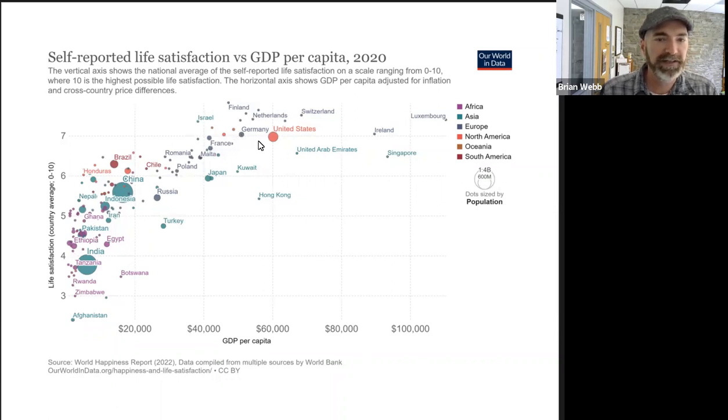But there's not much change once you go above $30,000, and certainly above about $40,000 or so, there's very little change. In fact, compare Singapore here, an extremely wealthy country, which is relatively equally as happy or satisfied with life as Romania is, or almost as much as Brazil, even though those have far lower income categories. Or Luxembourg, which is about twice as wealthy as the United States, is about the same level of satisfaction as Israel, which has a far lower GDP.